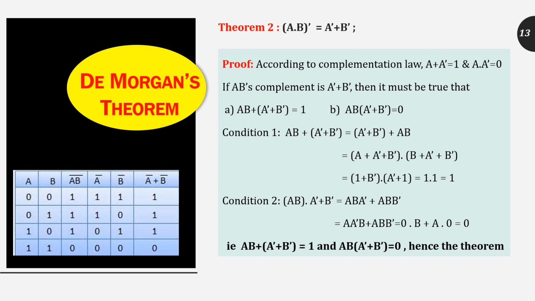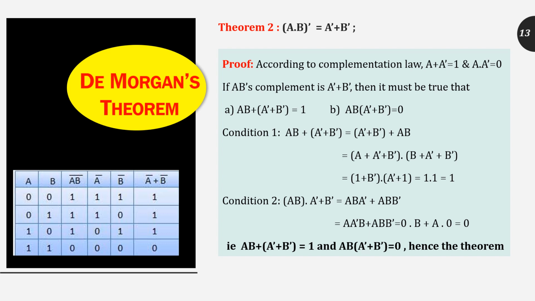We know that A plus A bar is equal to 1 according to the complementation law. So 1 plus B bar into A bar plus 1, because B plus B bar is equal to 1. So 1 plus B bar is 1, into, similarly, 1 plus A bar is 1. So 1 into 1 is equal to 1. So we proved the first condition.